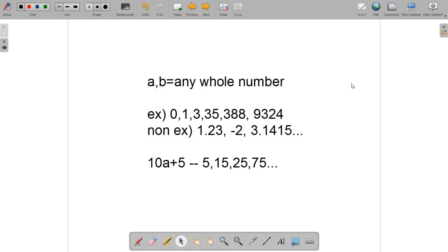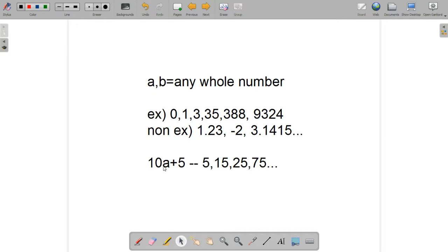Another non-example would be a number that keeps on going forever, like pi, 3.141592653.